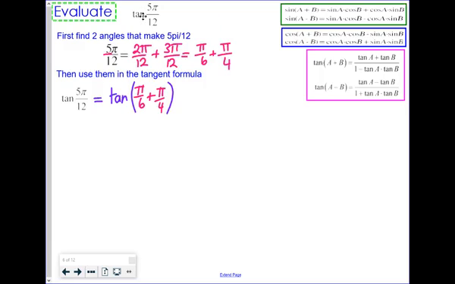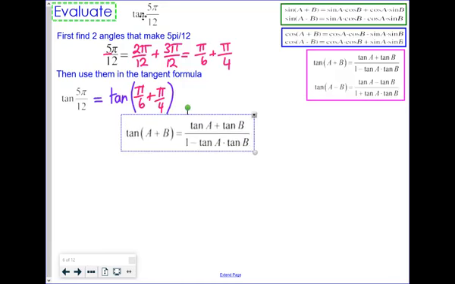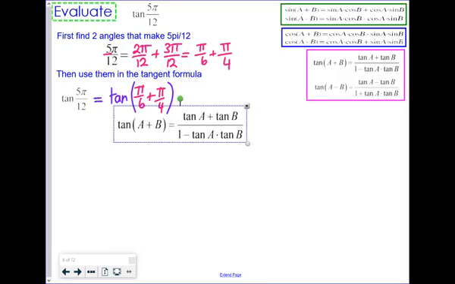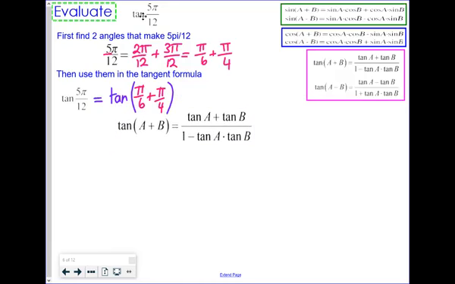So now write out your formula. It's obviously a tangent, and it's a tangent of A plus B. We're going to find our tangent of A plus B formula. You have to write it out. When we see the A, A is in the place of pi by 6, B is in the place of pi by 4.